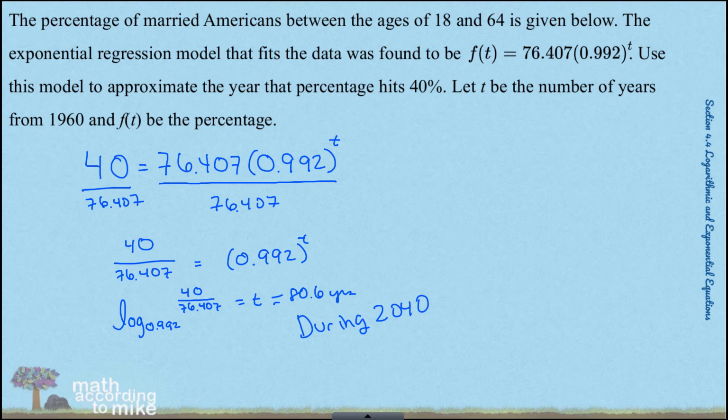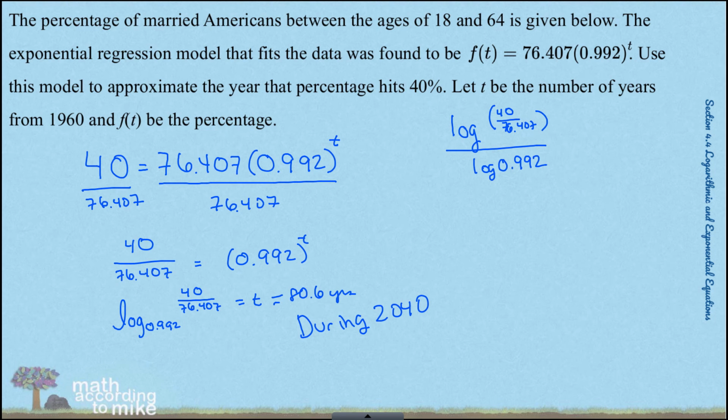Now, the other way to do this, if you don't have that fancy log base in your calculator, is you can use the change of base rule, which says you would take the log of the argument, 40 divided by 76.407, and divide it by the log of the base.